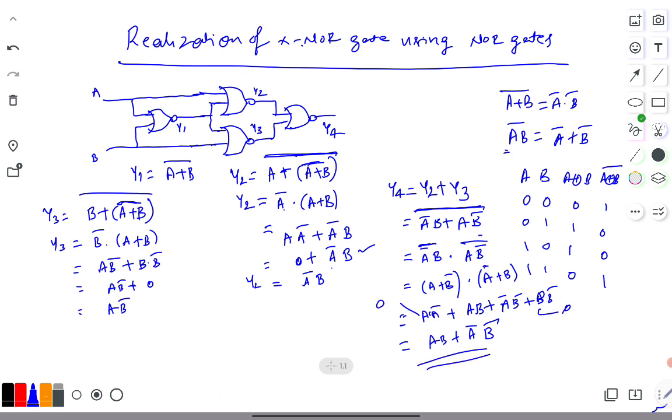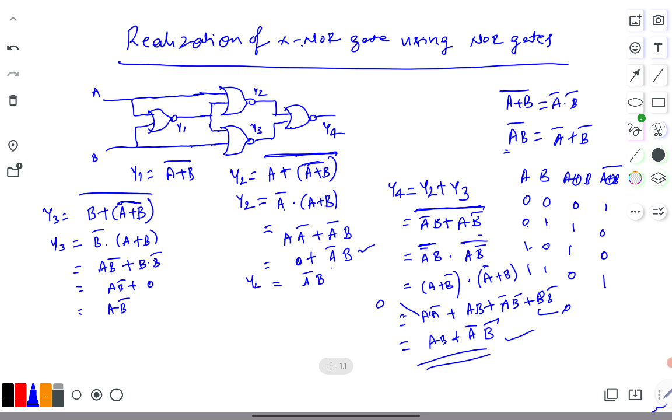This is your XNOR gate Boolean expression. A B plus, suppose if you want to simplify here, take A B, like this: 0 0, 0 1, 1 0, 1 1. You take this A B and get the output. Then again take the complement of A input and the complement of B input. Again multiply those inputs.